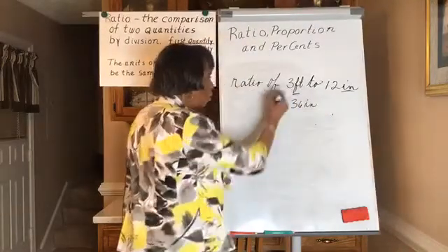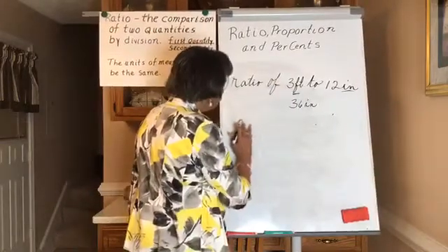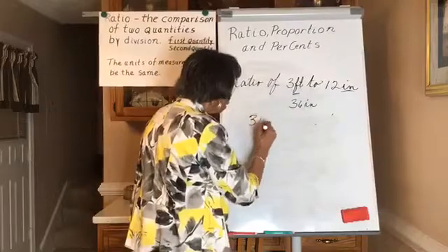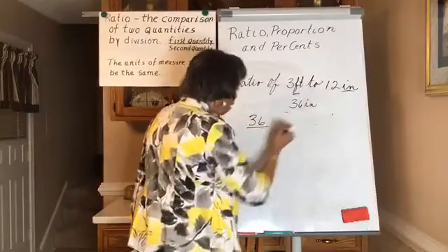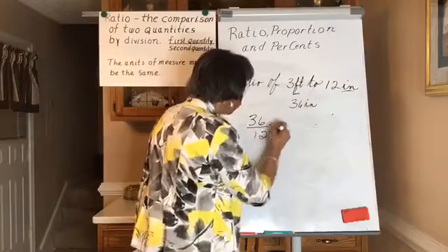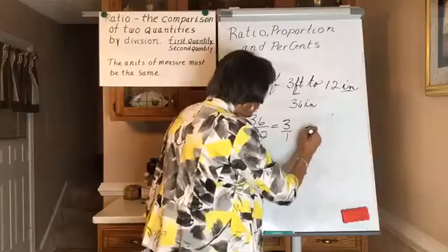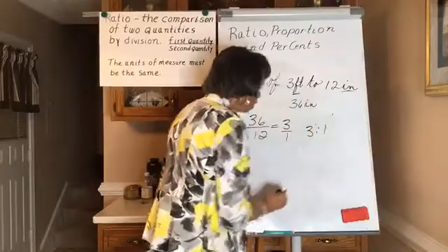So the ratio of 3 feet, which is 36, over 12 equals 3 to 1.